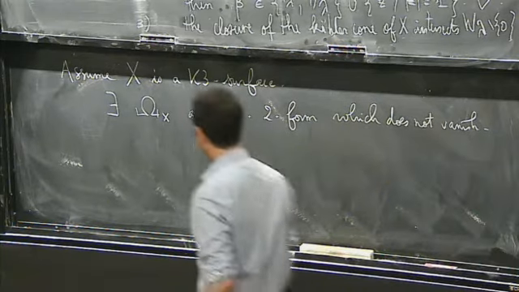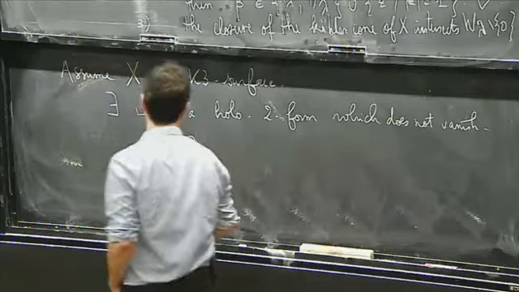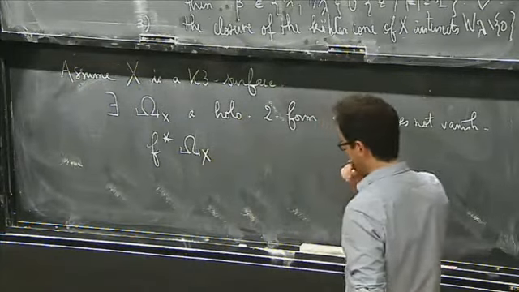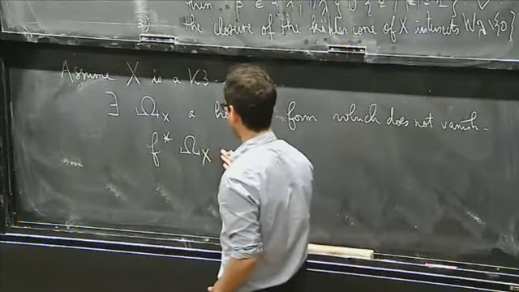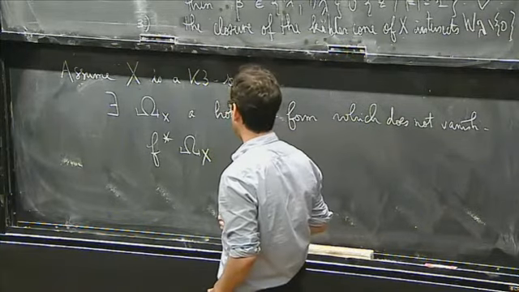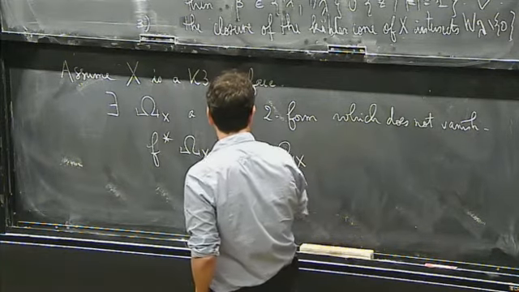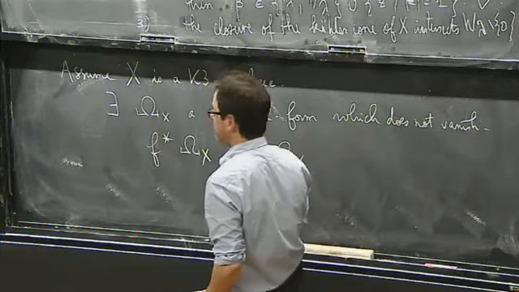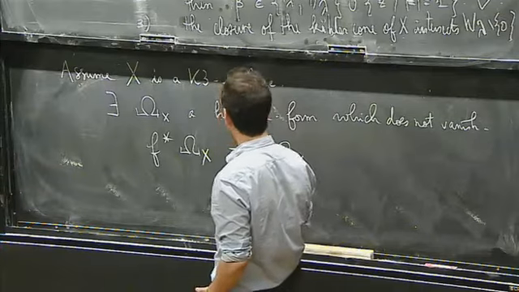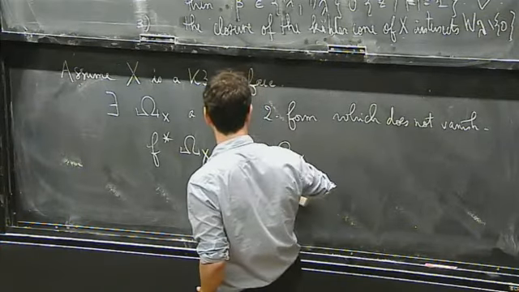So now if you pull back omega by f, then it's a new holomorphic two form, which does not vanish also. So it's just omega X times a holomorphic function phi, which does not vanish. A holomorphic function on a compact manifold is constant, so this is a constant.